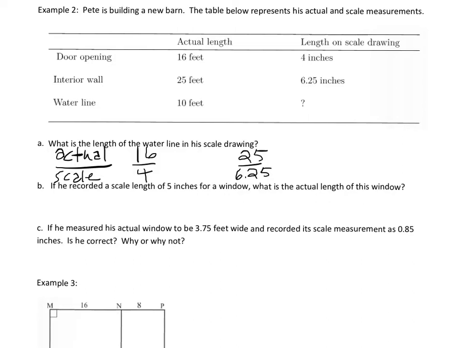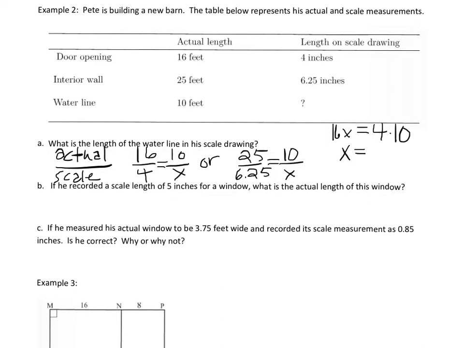And I'm going to use that to solve for our actual water line length, which is 10 feet, over our missing one. So I could do either of those. And then I'm going to solve for x. So if I was going to do this first one, I could say 16 times x is equal to 4 times 10.